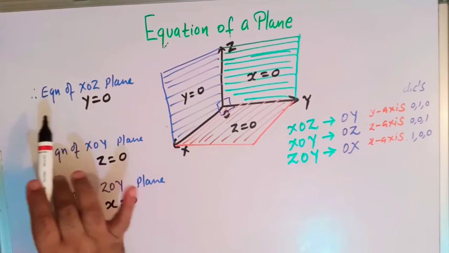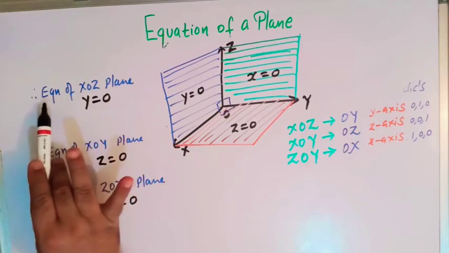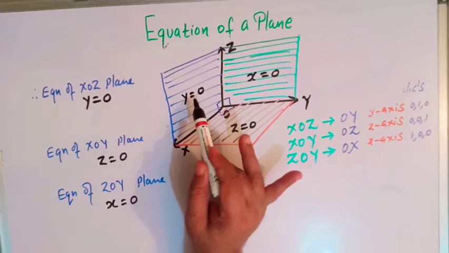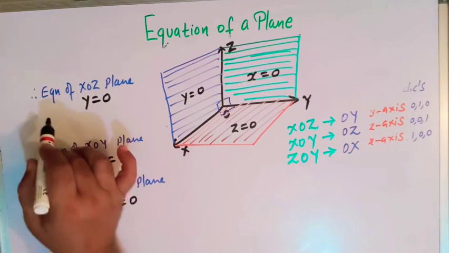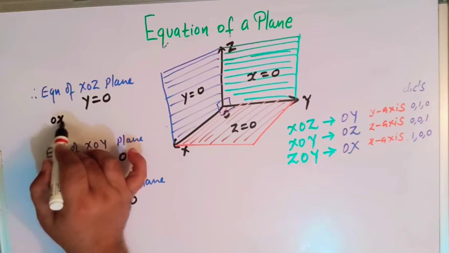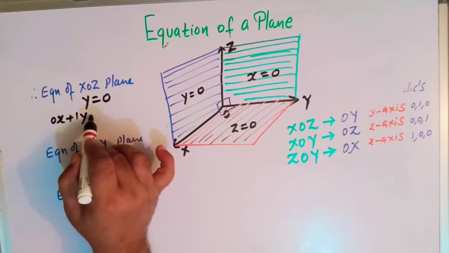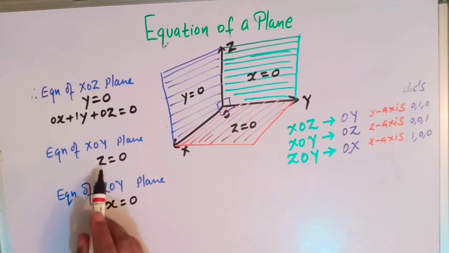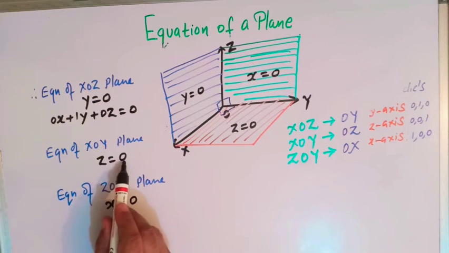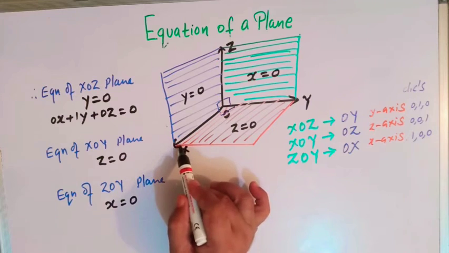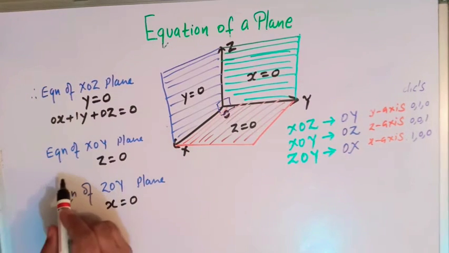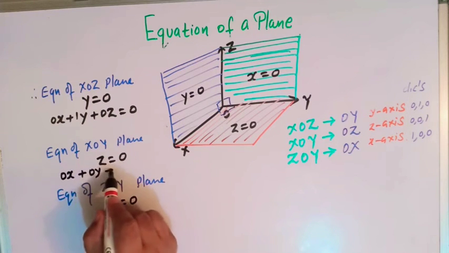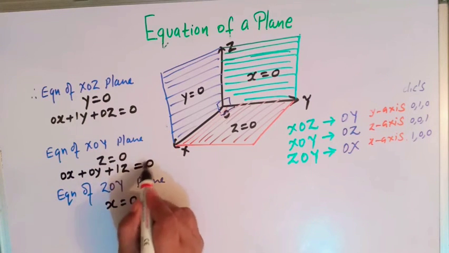Now this equation, that is equation of XOZ plane, y is equal to 0, can also be written as 0x plus 1y plus 0z is equal to 0, right? Similarly, z equal to 0 is the equation of XOY plane, which can be written as 0x plus 0y plus 1z equal to 0, right?